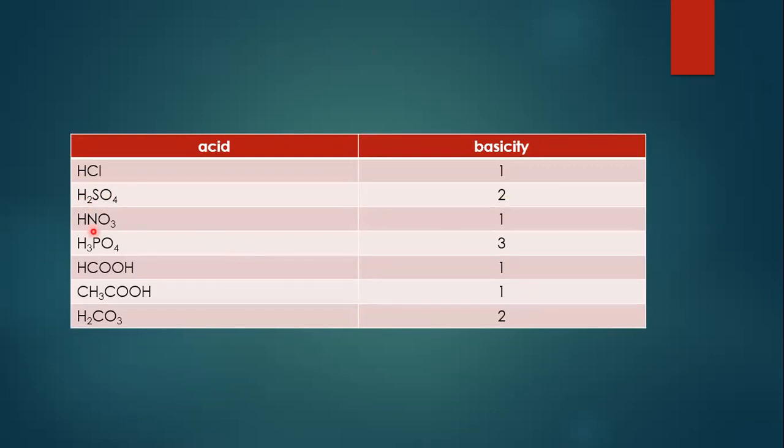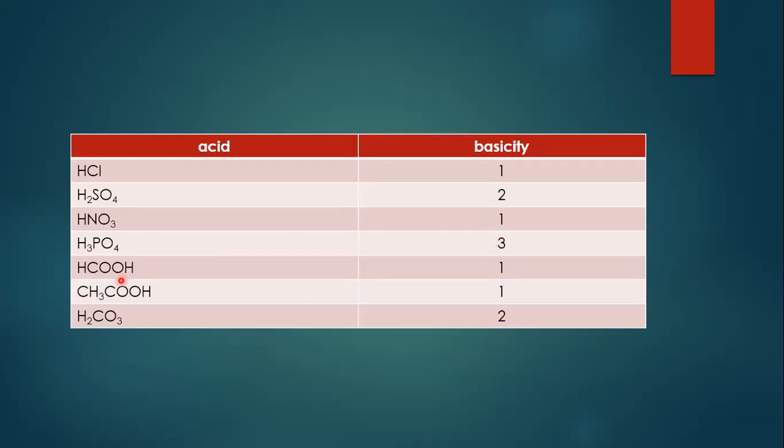HNO3 has just 1 hydrogen, so basicity is 1. Then H3PO4. It has 3 hydrogen atoms, so basicity is 3.